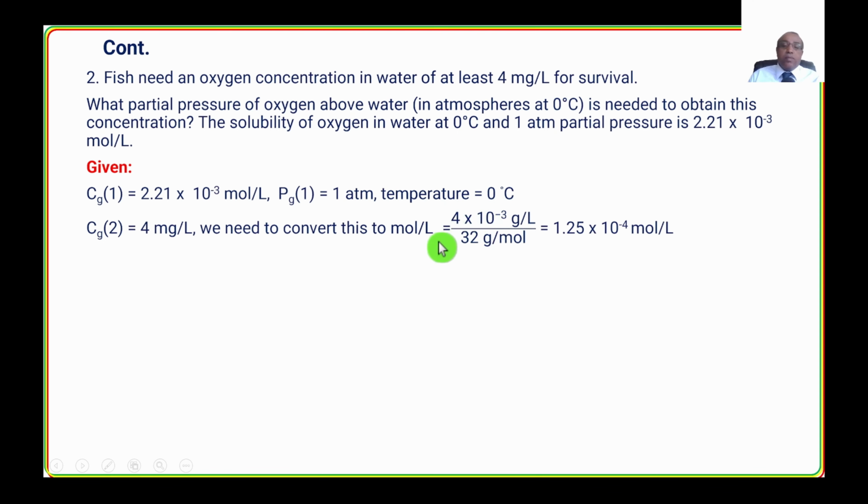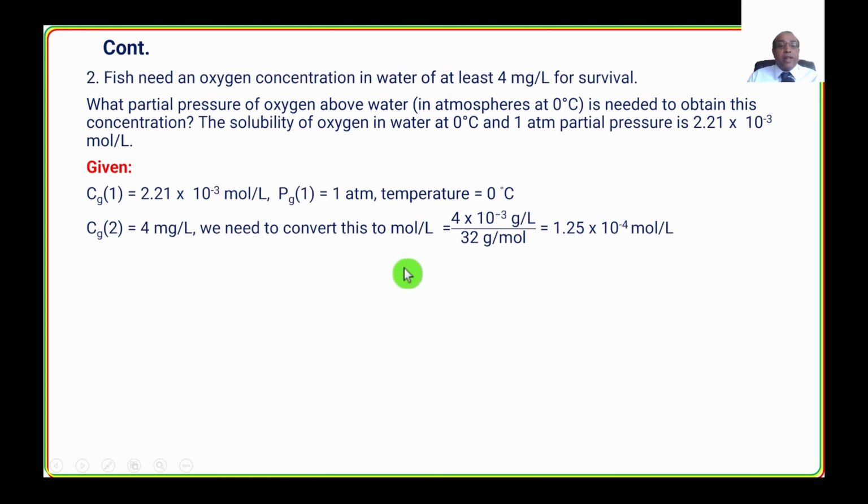We need the molecular mass of oxygen, which is 32 gram per mole. If you divide 4 times 10 to the power of minus 3 by 32 gram per mole, gram is cancelled by gram, so it becomes mole per liter. You will get 1.25 times 10 to the power of minus 4 mole per liter. This is the concentration which is equivalent to 4 milligram per liter.